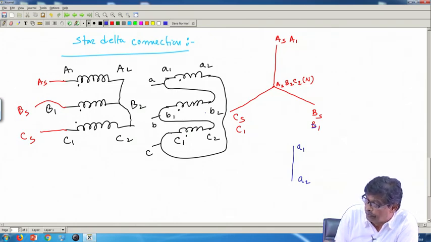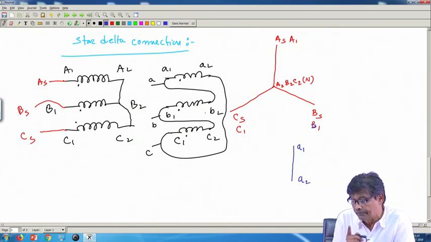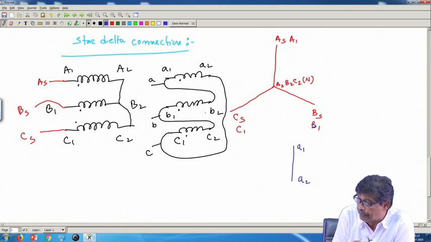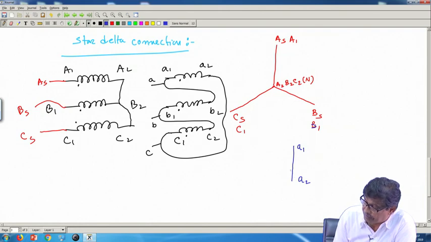So, B1 B2, but this time I have joined B2 with B1. So, move this B2 with B1. So, it must be like this.